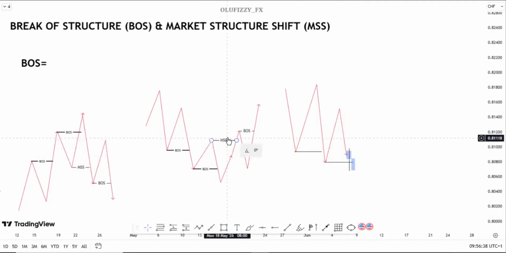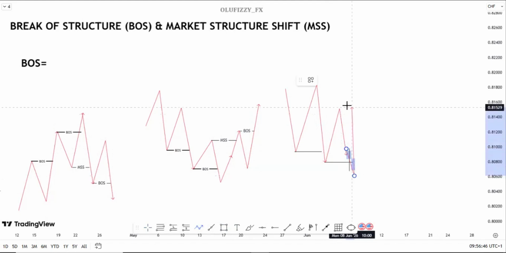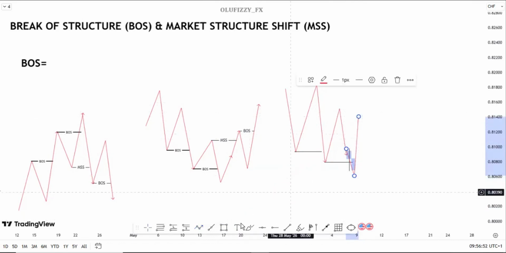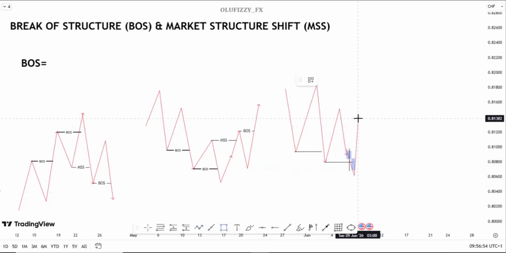And same thing for the market structure shift. So let's say after this break of structure, price comes and, instead of breaking this high, price doesn't break it, just does something like this and closes back below it.